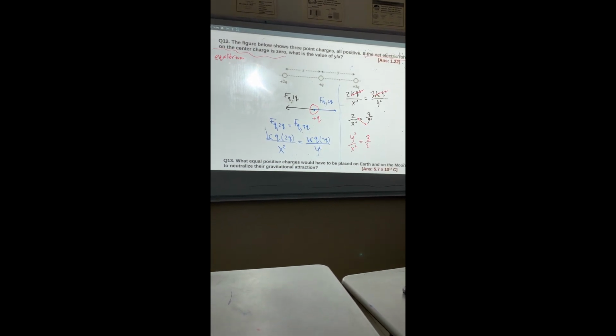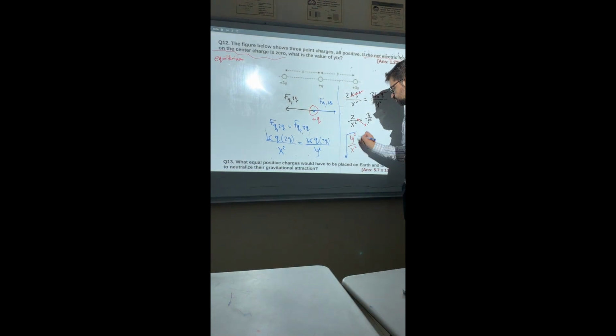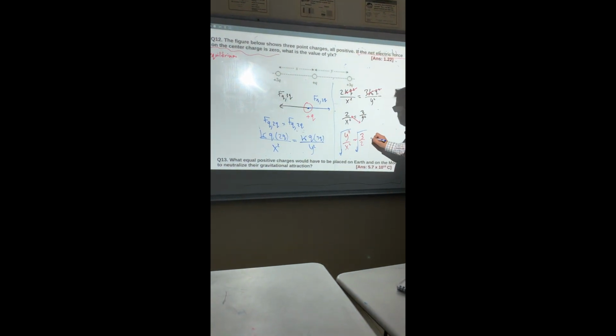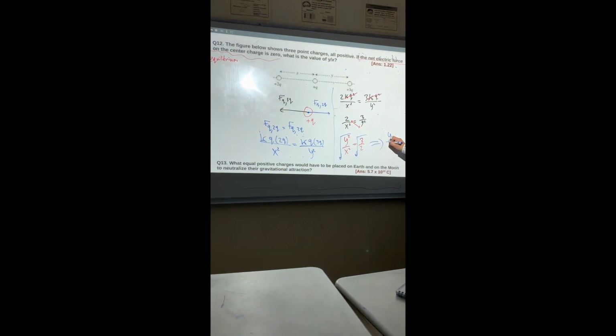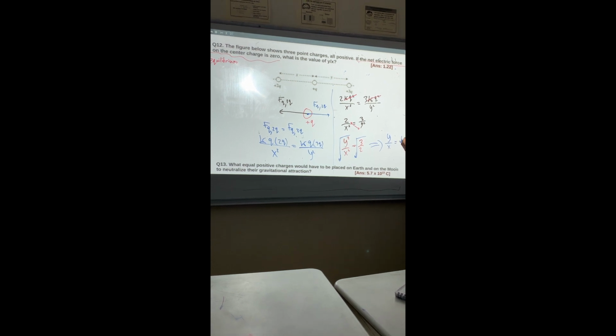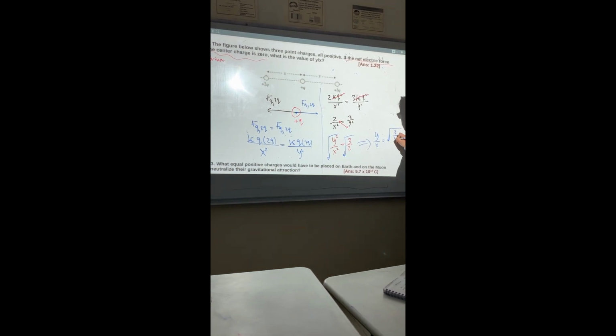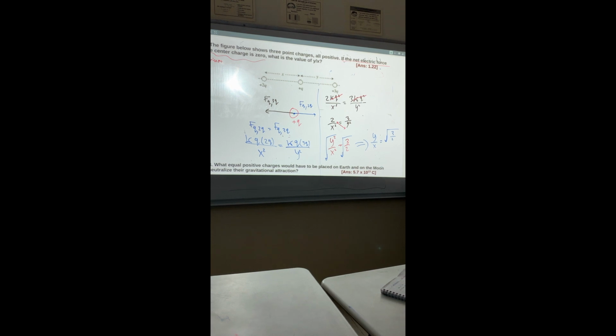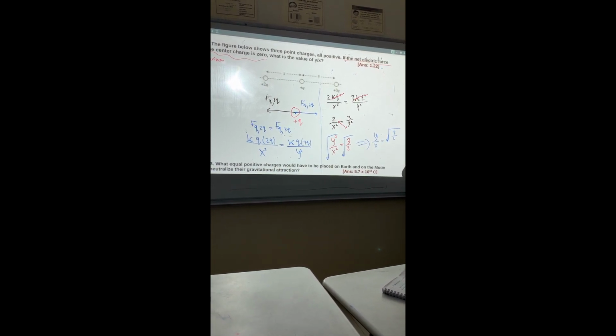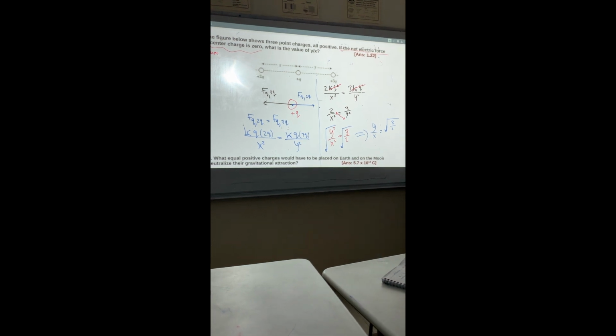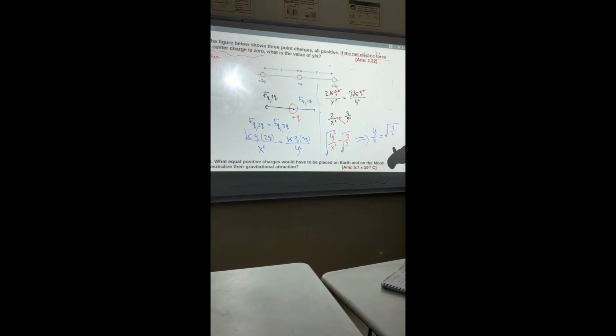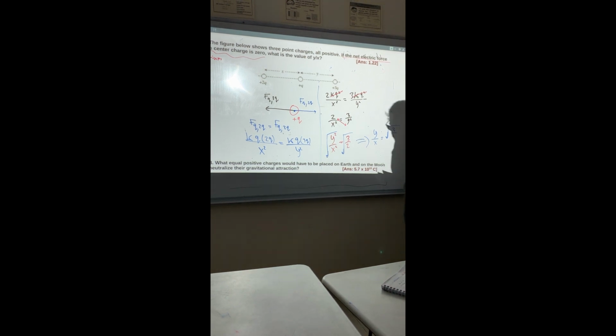Square root of both sides, which will give us at the end that y over x is equal to square root of 3 over 2. We don't do plus minus. It's a ratio of distances, so you don't need to do the plus or minus.